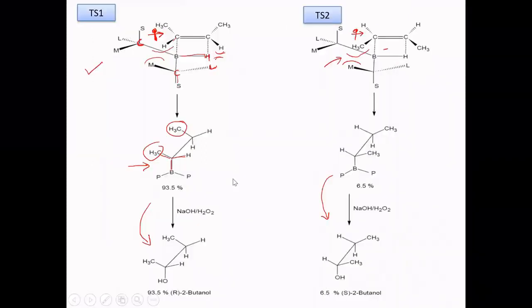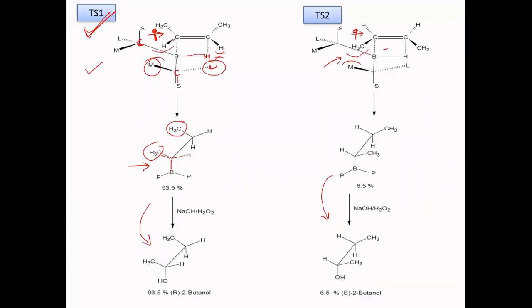If we look at this particular transition state 1 of Z isomer, okay, medium size group and your large size group, both of them are coming in interaction with the proton. So this is having the highest stability. You can see this approach. This is having a less steric repulsion.